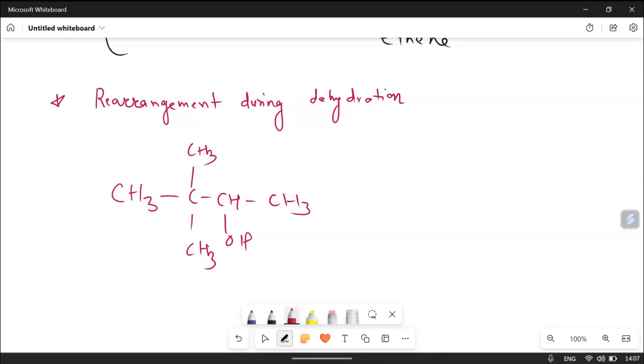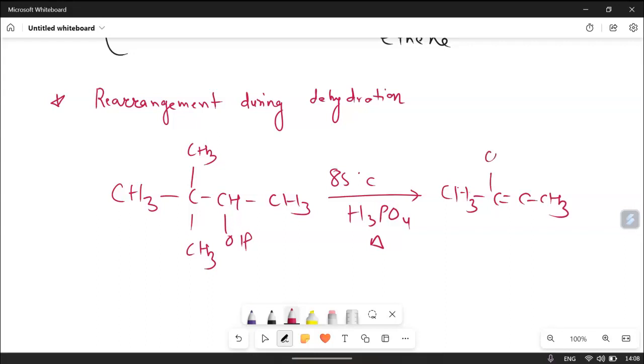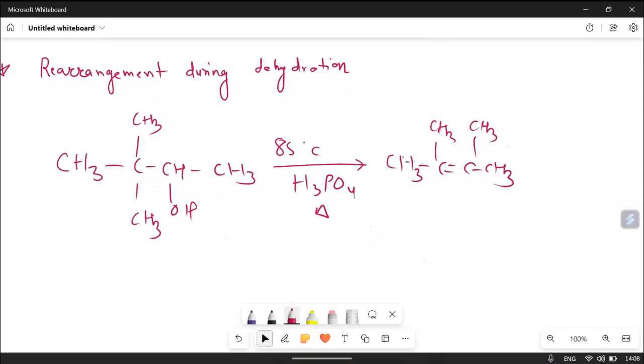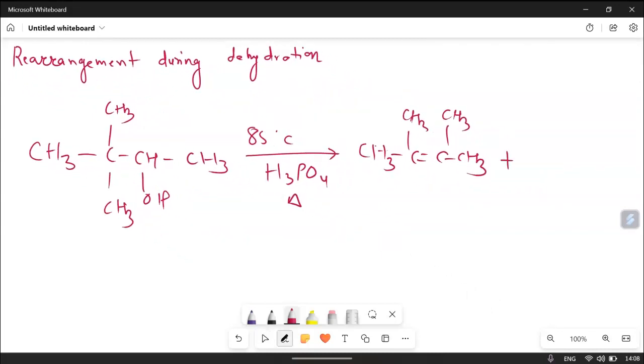2-butanol. At a temperature of 85 degrees Celsius, on heating in the presence of H3PO4, it will give a mixture, which is CH3, C double bond C, CH3, CH3. That is the type of alkene, right? And then we have another product formed with it, CH3, double bond C, CH3, C, CH3, H, CH.